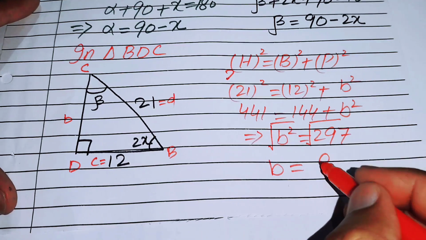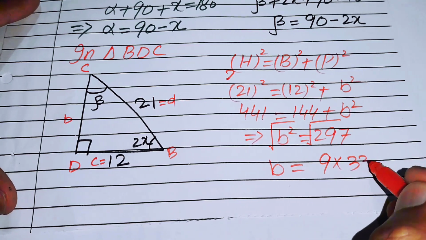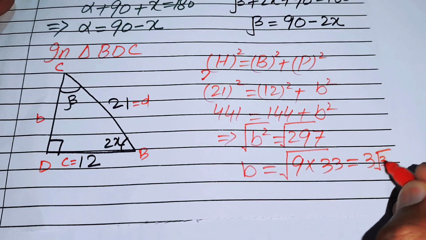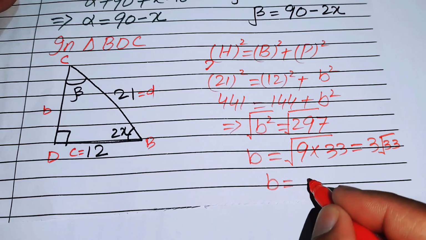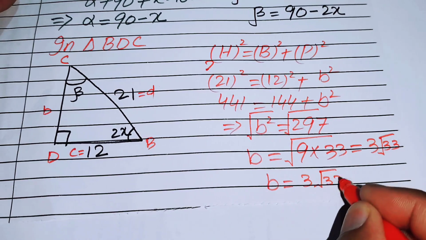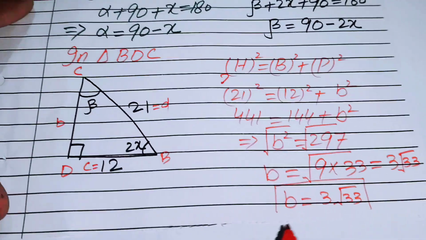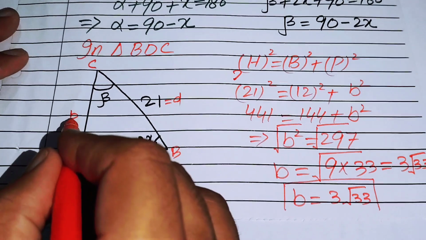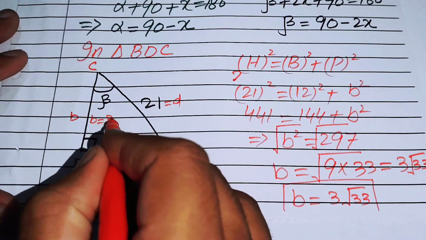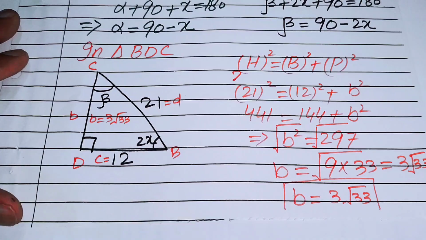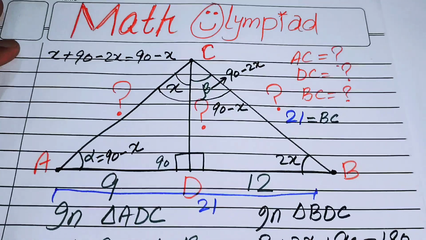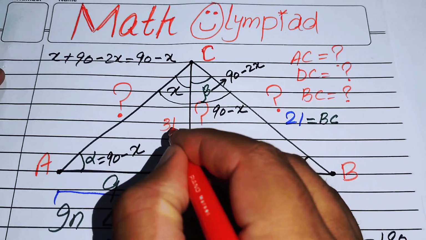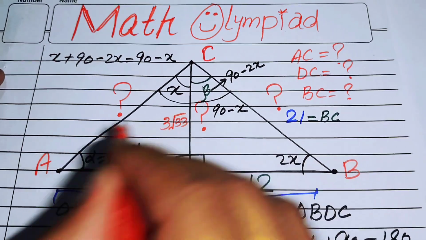We can write 297 as 9 times 33, so it is equal to 3 times square root of 33. So the value of b is 3 times square root of 33, and this side will be equal to 3 times square root of 33.